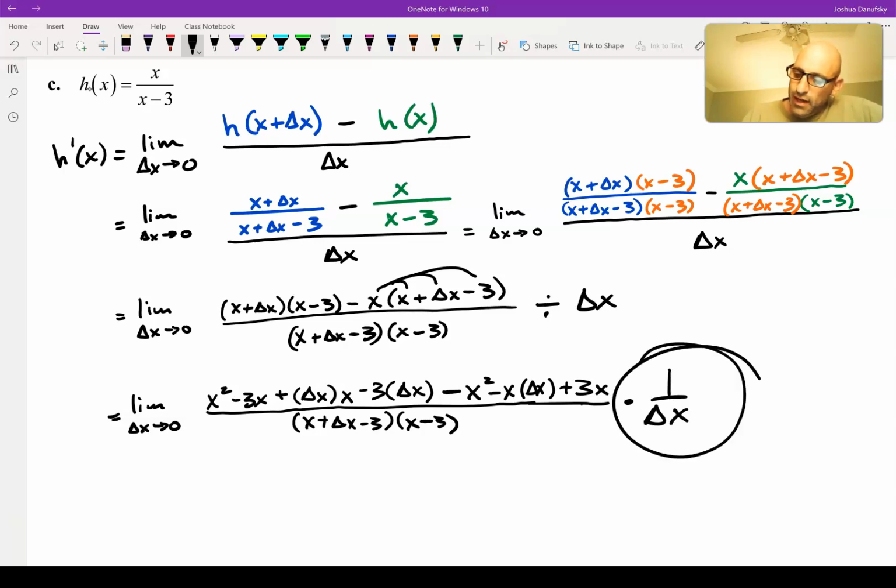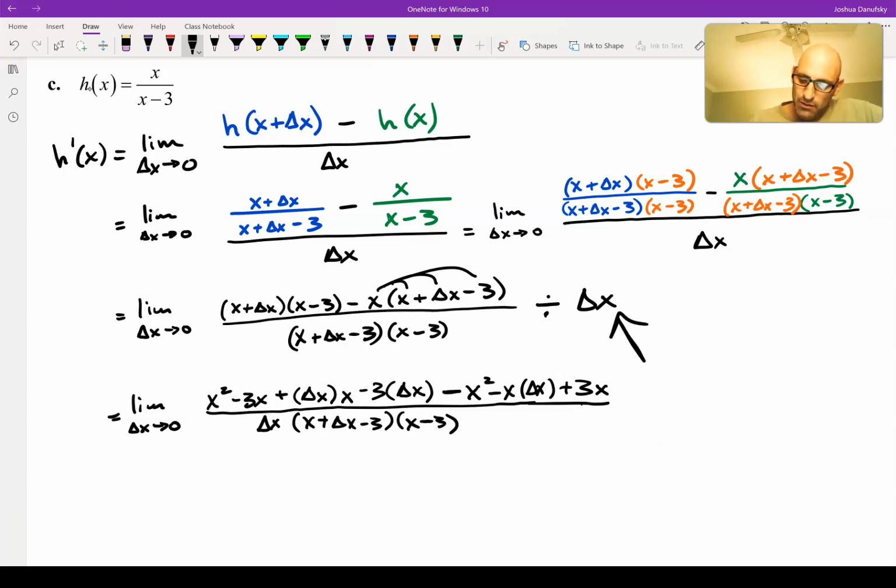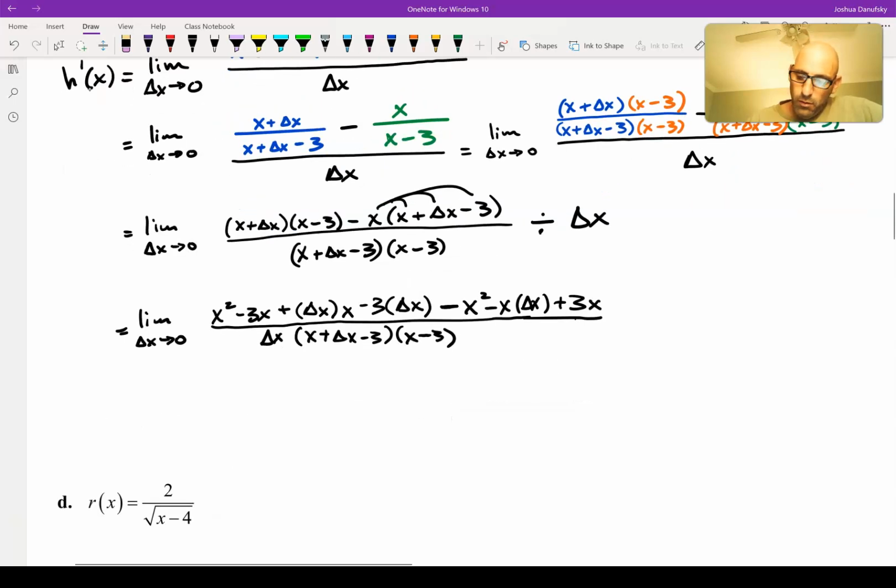I don't know about you, but I'm sick of having this here, so I'm just going to move it right here in front and get rid of it, like that. So dividing by delta x is the same as multiplying by 1 over delta x, and that's how the delta x is in the denominator. Okay, horrible, ugly mess.